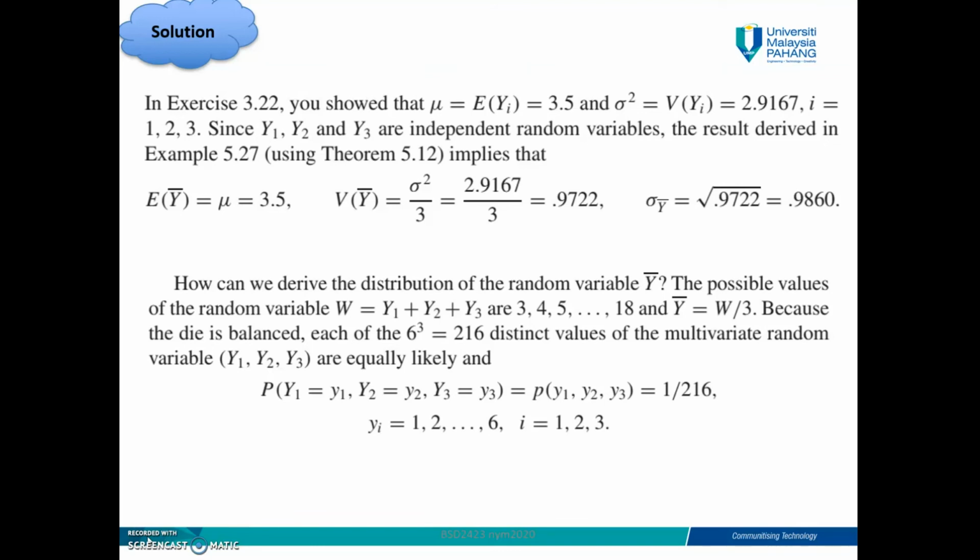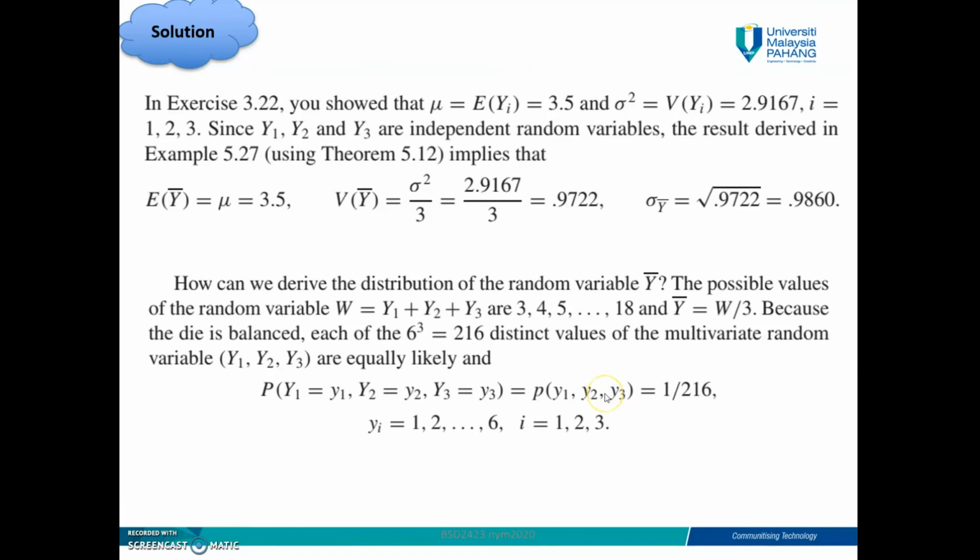All right. So how do you find the possible outcomes? 6 to the power 3, so you will get 216 distinct values of the multivariate random variable y1, y2, y3, equally likely. So basically, the probability distribution for y1 equal to little y1, y2 equal to little y2, y3 equal to little y3 will be like this.